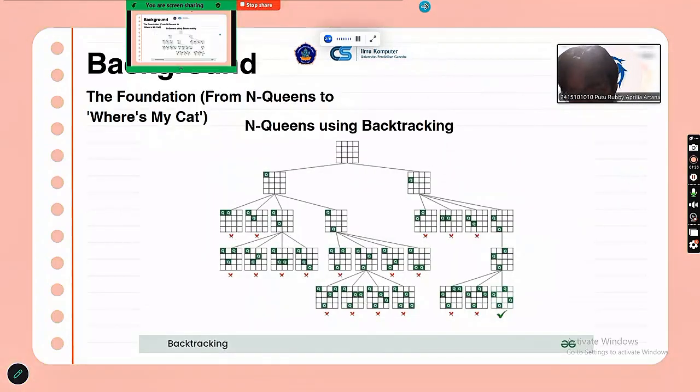Okay, so usually in the n-queens problem we can use the backtracking algorithm. So this is the visual if we use the backtracking algorithm.